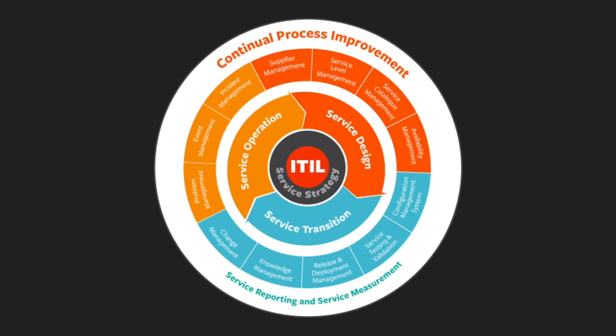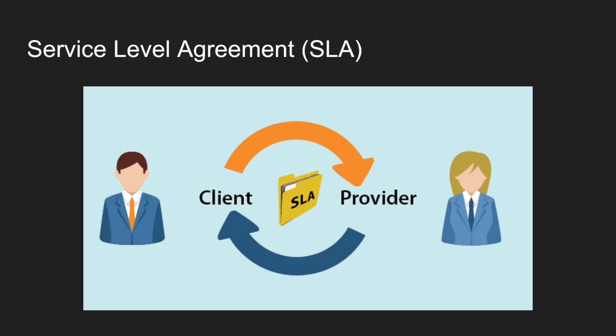For example, we need to understand what services our company has available to its employees. We need to also understand where our services are coming from by understanding the supplier management. But we also need to understand service level management, and that is the parent to the area where service level agreements come in. So we're going to talk a little bit about that.